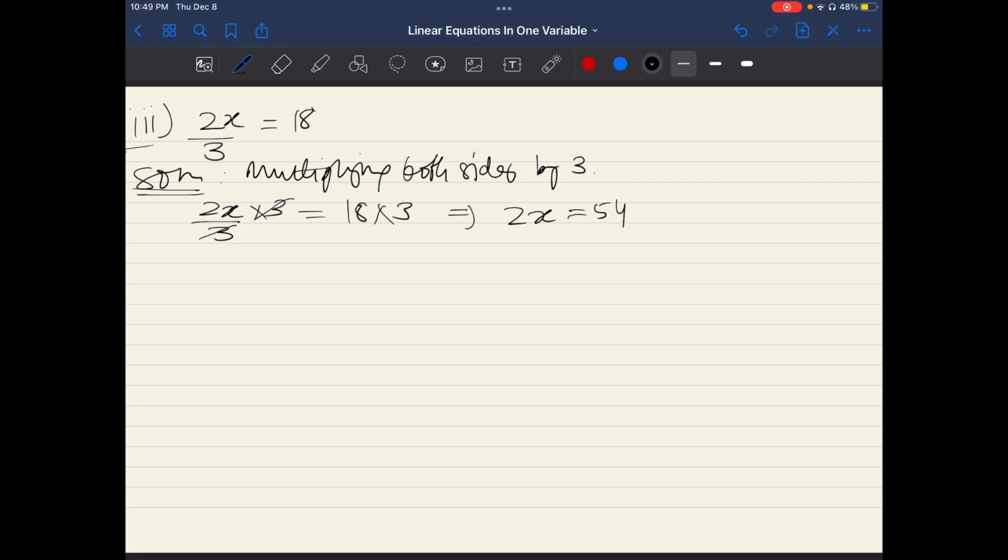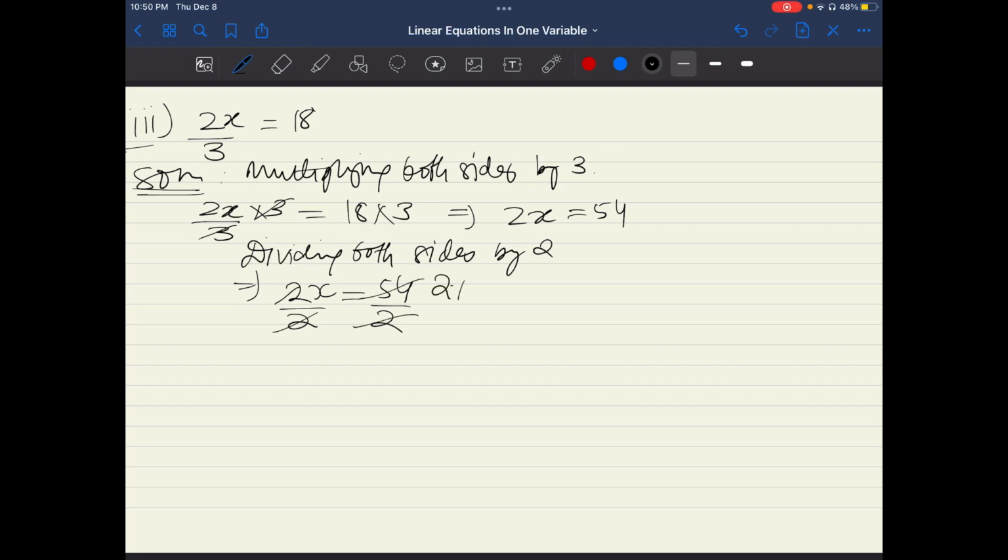And now the second mathematical operation we will be doing is dividing both sides by 2. We get 2x over 2 equals 54 over 2, which is 27. Therefore, value of x is 27.